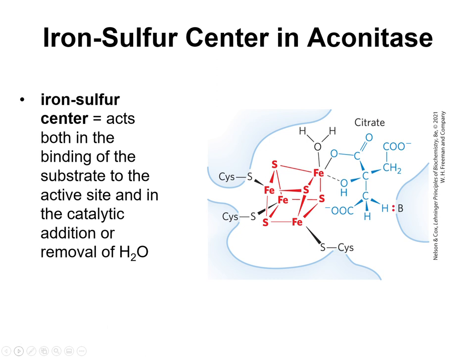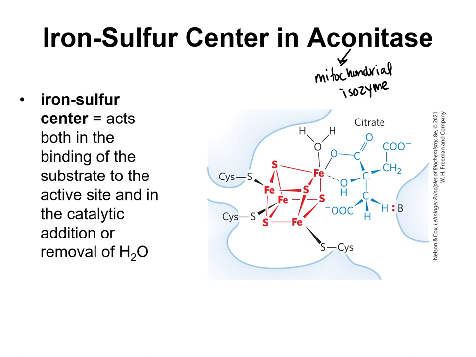But there is kind of a second life for aconitase. So aconitase actually exists as two isozymes. You've got the mitochondrial isozyme, which is shown here. It does the chemistry in the mitochondria.